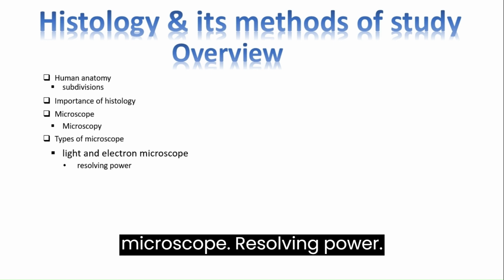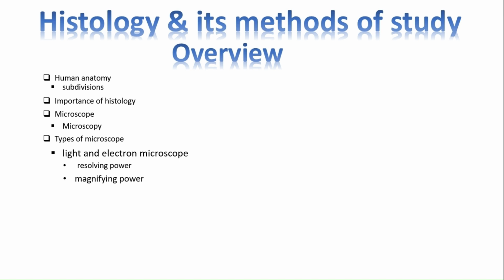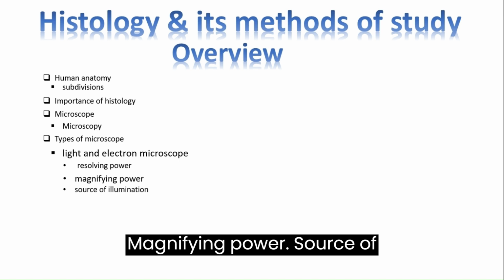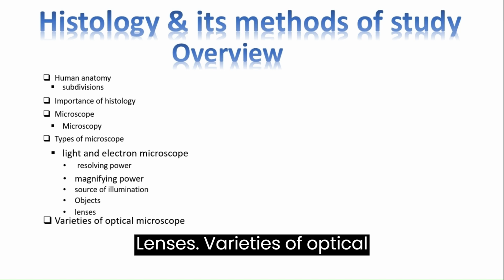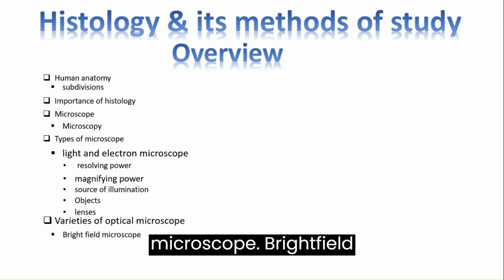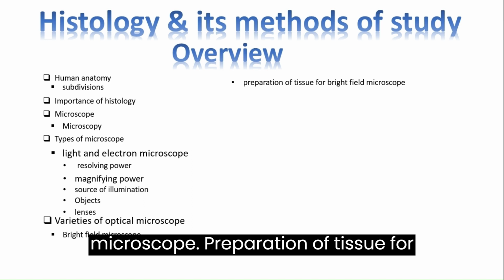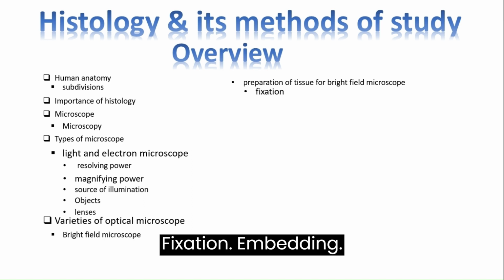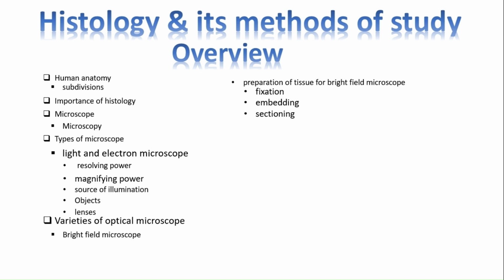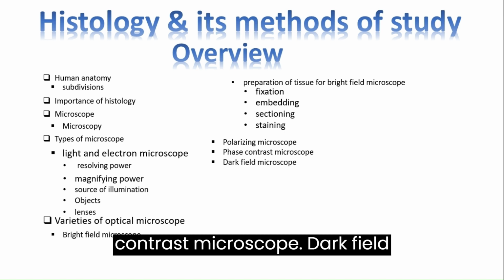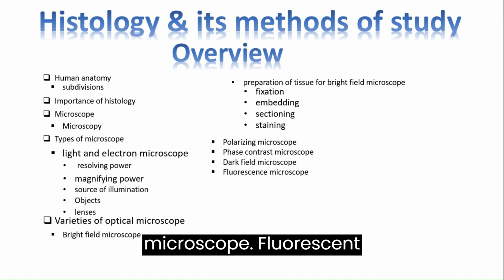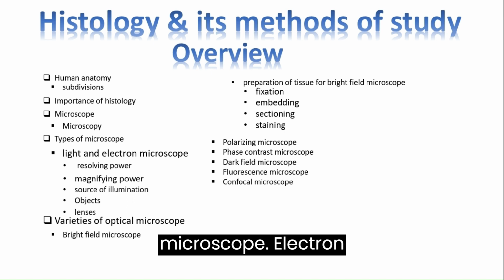and electron microscope, resolving power, magnifying power, source of illumination, objects, lenses, varieties of optical microscope, bright field microscope, preparation of tissue for bright field microscope, fixation, embedding, sectioning, staining, polarizing microscope, phase contrast microscope, dark field microscope, fluorescence microscope, confocal microscope, electron microscope.